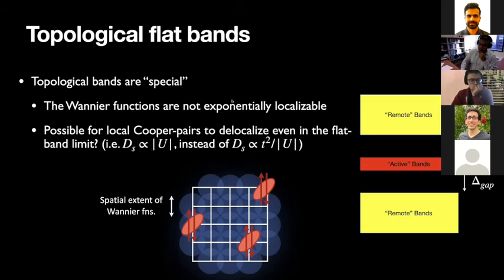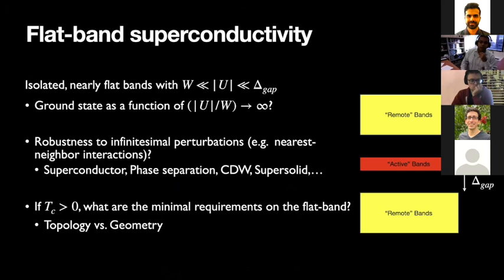So in this limit where U is much smaller than delta gap, all such high energy processes are suppressed in powers of U squared over delta. I throw them out completely. I only focus on the flat band.